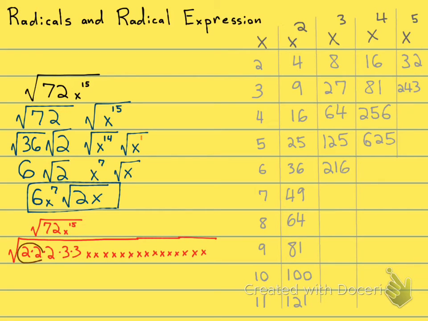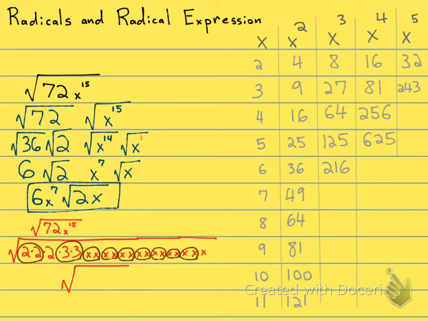I can take out a 2 on the outside. I can take out a 3 on the outside. I can take out an x on the outside, another x, another x, another x, and another x on the outside. Let me put my radical back.